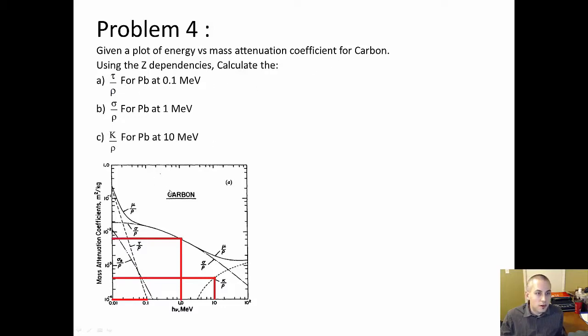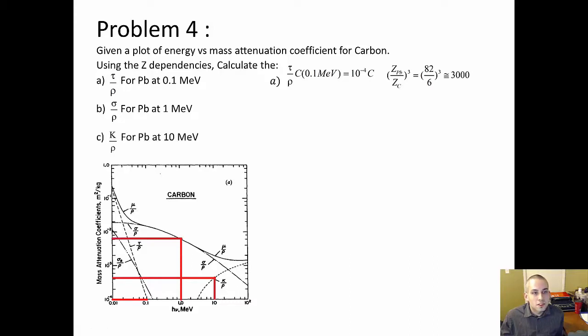So we're going from carbon, which is this plot. So part A, this will be at 0.1 MeV. So let's go to 0.1 MeV for carbon right here. What's our mass attenuation coefficient? It's about 10 to the negative 4. So we got that.